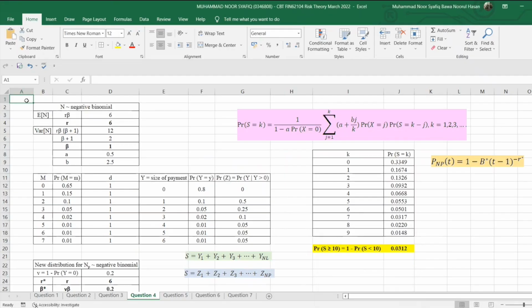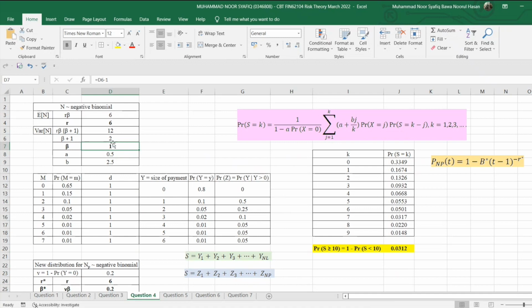First of all, in Excel, I extracted all the important information from the question, where N follows a negative binomial distribution and the expected value of N is r beta, which is equal to 6. And then the variance of N is r beta (1 plus beta), which equals 12. Since r beta is equal to 6, I can find the value of 1 plus beta, which is 12 divided by 6 equals 2.